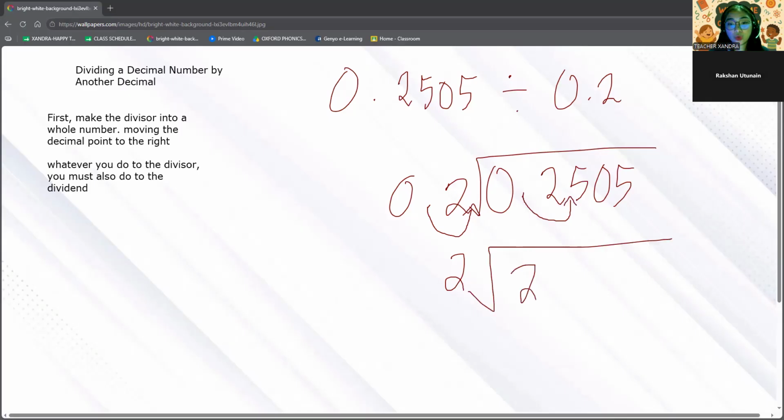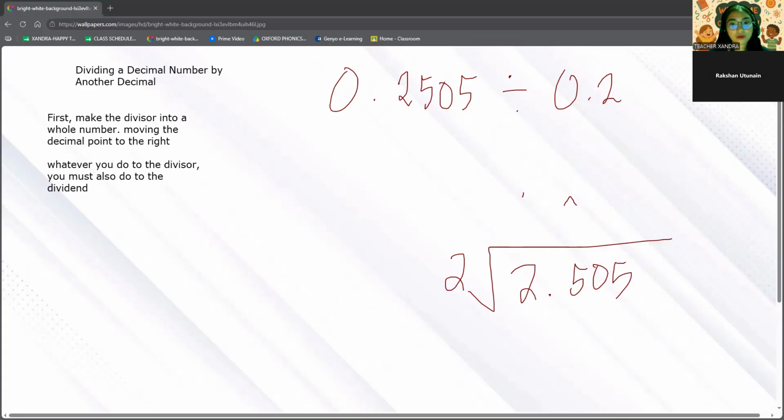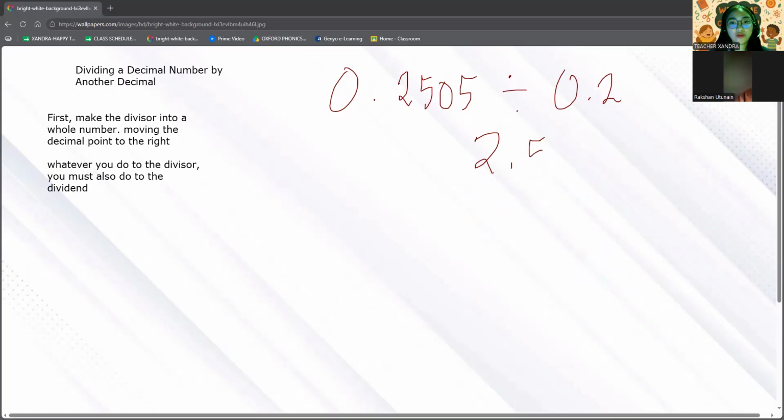So it's 2.505. Did you get it? Yes. Okay. So 2.505 divided by 2.